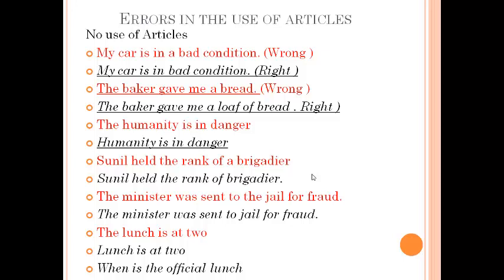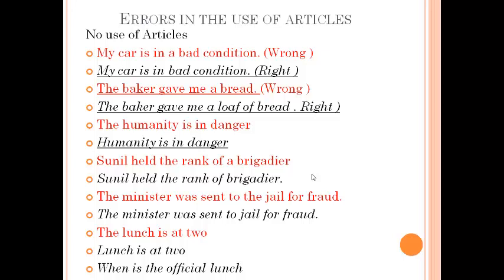Fine. Then where do we use the? We use the to specify any subject, to speak particularly about any subject. We use the definite article when we are talking about a subject repeatedly.